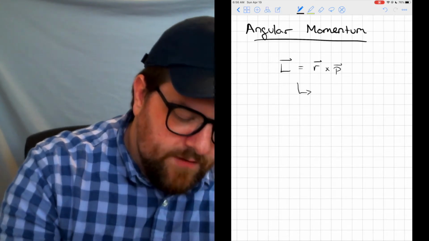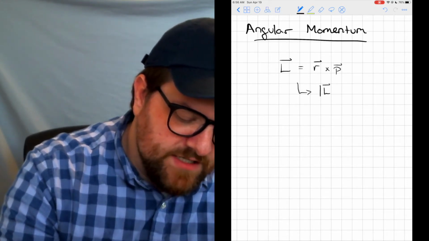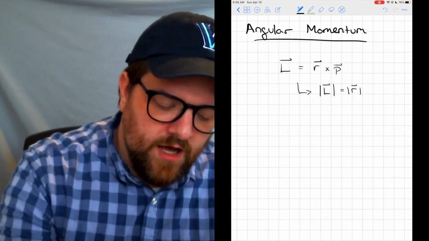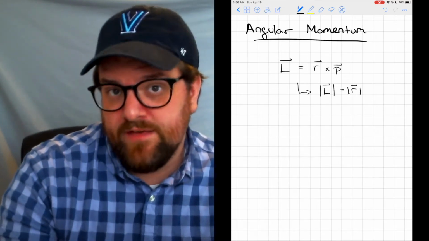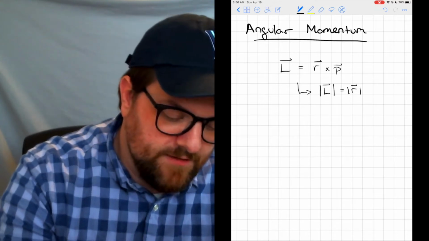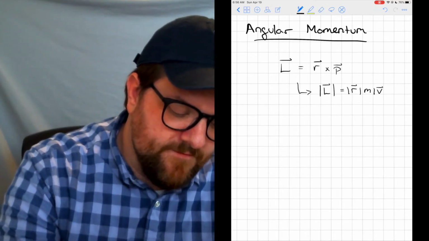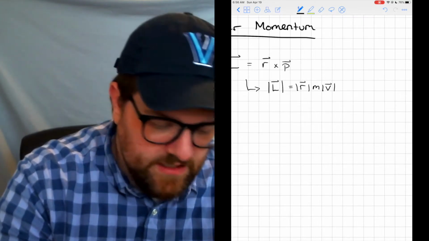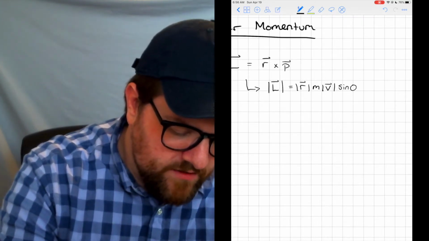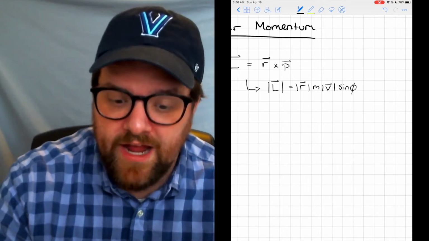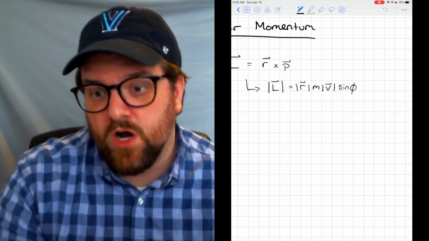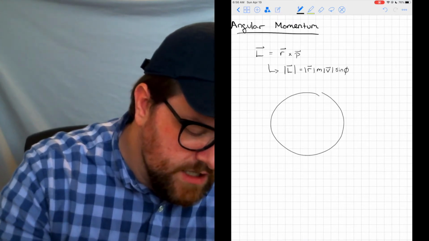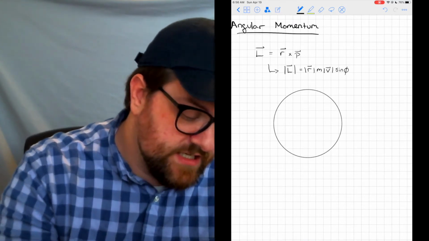If we think about the magnitude of L, we can say that is r, the distance from some pivot, times m times v, which is our velocity coming in, times sine of phi between our vectors r and v. So let's actually draw a slight picture just to get us started.